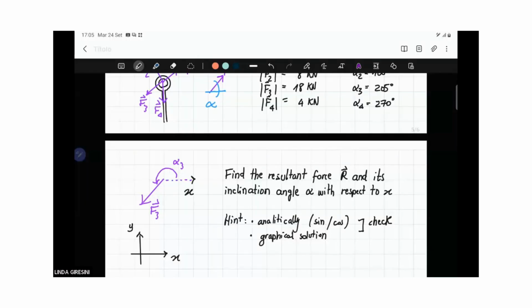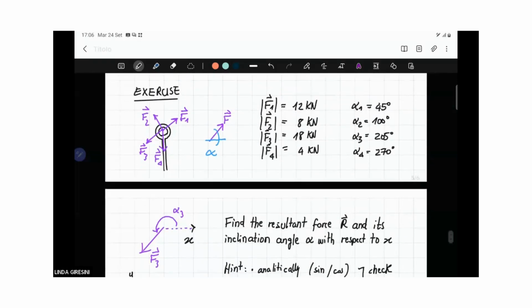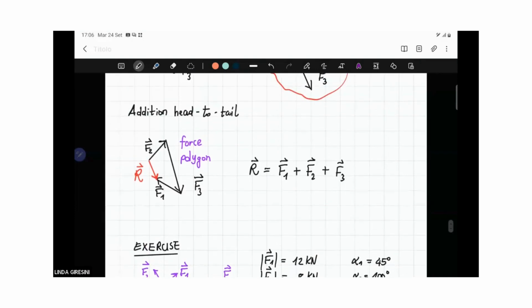Only exercises. In this case, if you apply the graphical method, you have to write, for example, the force polygon, and the method is the head to tail method, and you show and describe it step by step.